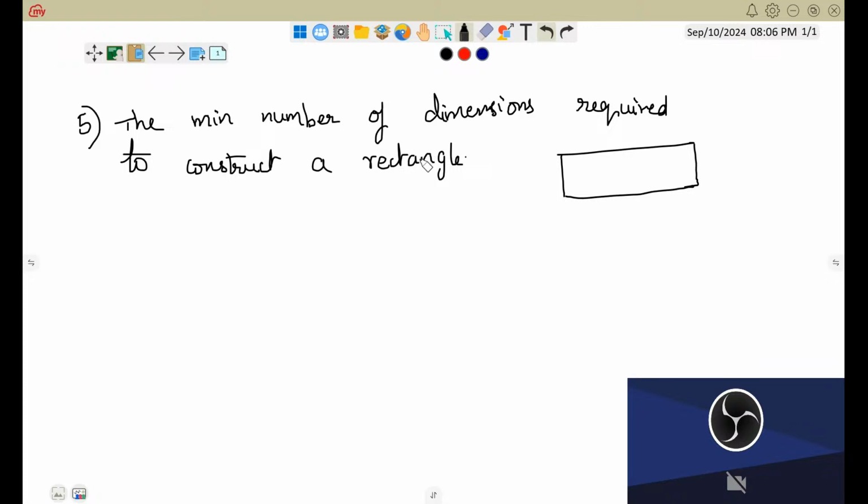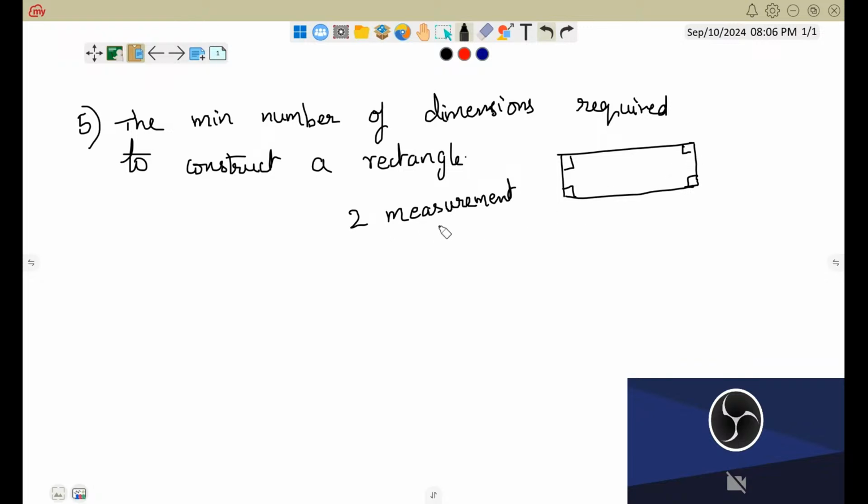Here we require only 2 measurements. Why 2 measurements is enough? Because all the angles in the rectangle are 90 degrees. Right? No need to tell about the angles.